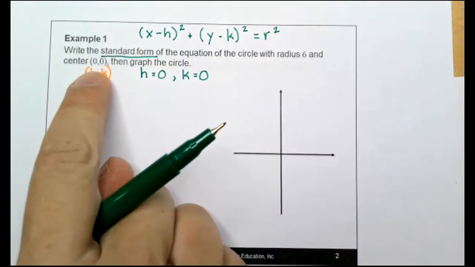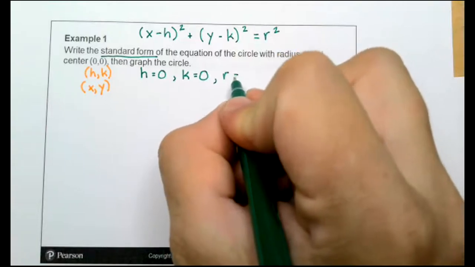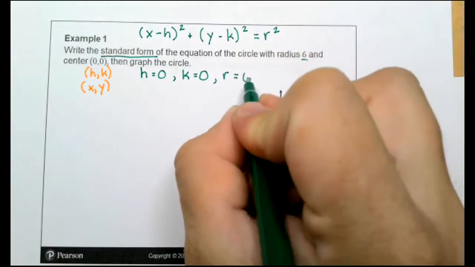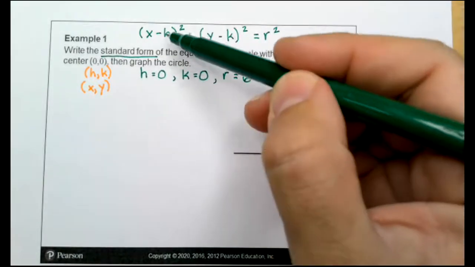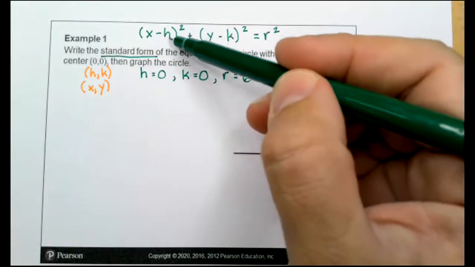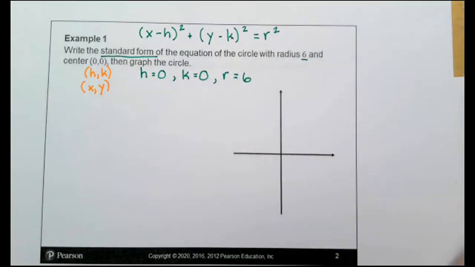From this point is where I got those numbers. And we can say that R is 6, radius 6, okay? So now I'm going to put the 0 here, the 0 here, and the 6 here. And I think that I'll be done.